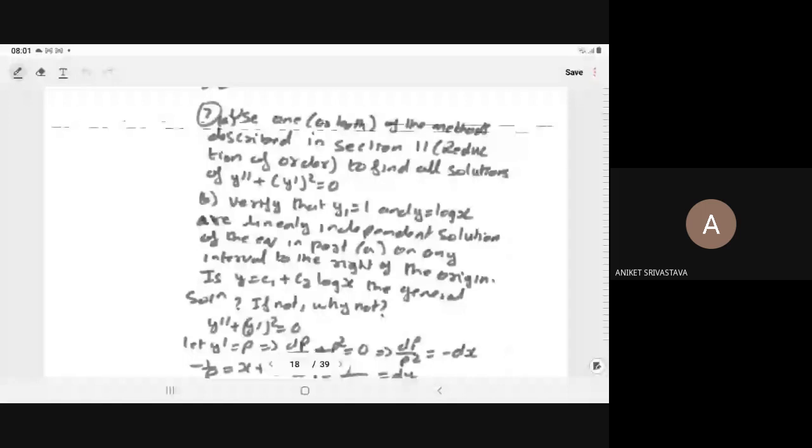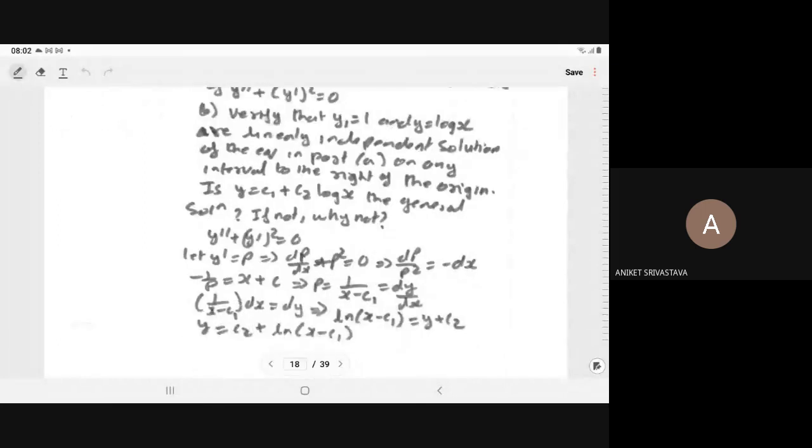Is y is equal to c1 into 1 plus c2 into log x the general solution? That is the question. So here, when we solve this by reduction of order, why are we applying the reduction of order? Because here y is missing as well as x is missing. So you can solve this.